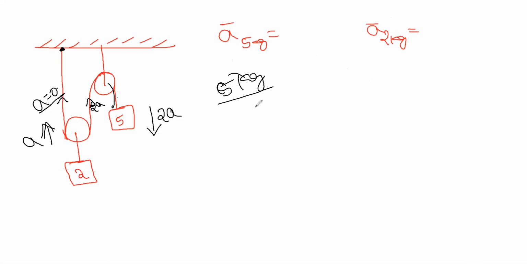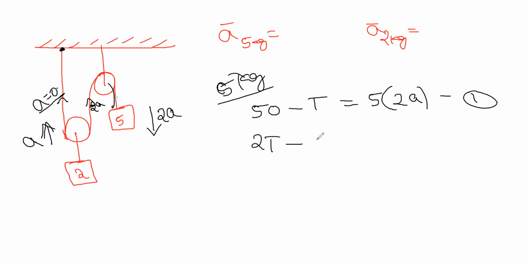It'll be 50 minus T equals 5 into 2A. Now for the 2 kg block, 2T minus 20 equals 2 into A.